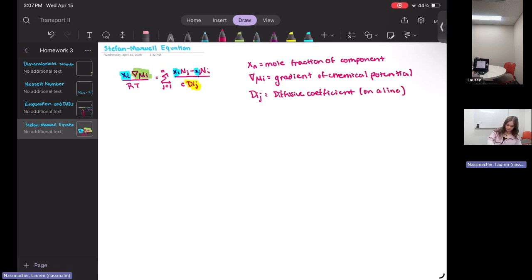Right here, we have our concentration, and C is going to just be our concentration of all the components.